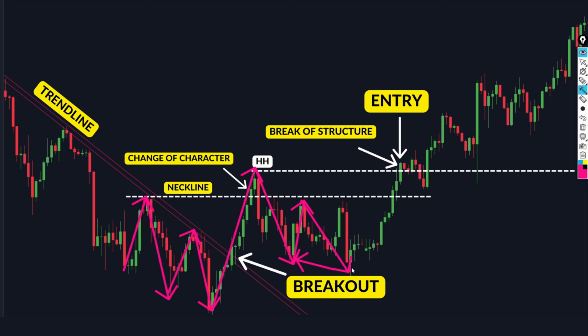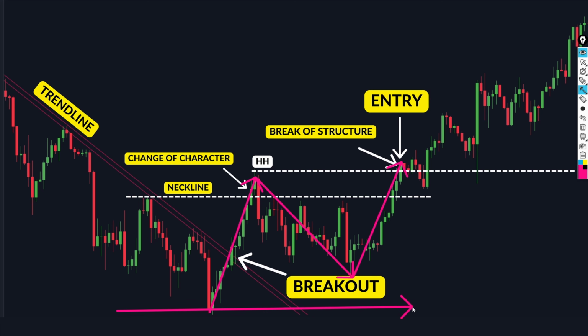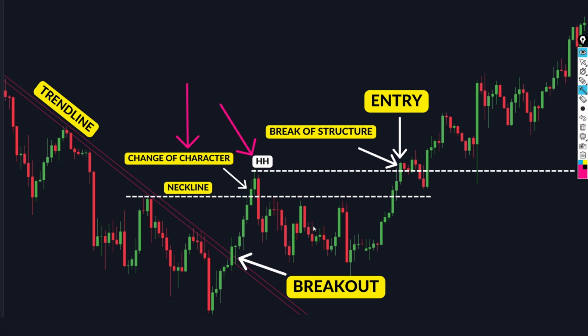It goes down and it reverses, which means if you only look here, you can easily say that there is a loss of momentum because market failed to break the previous low, which is here, and it reverses. Market not only reverses here, it broke the previous higher high swing, which shows change of character. This is our break of structure, and you can enter your trade here, and after that market goes up like this.